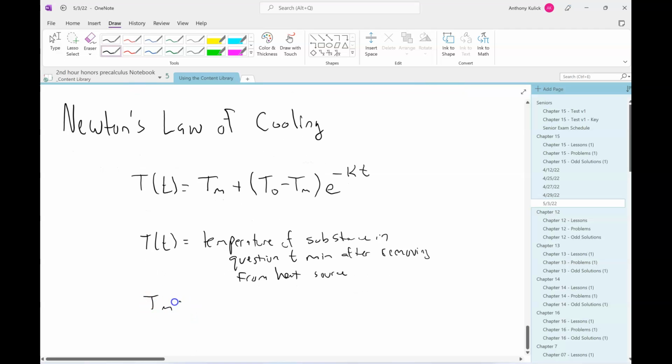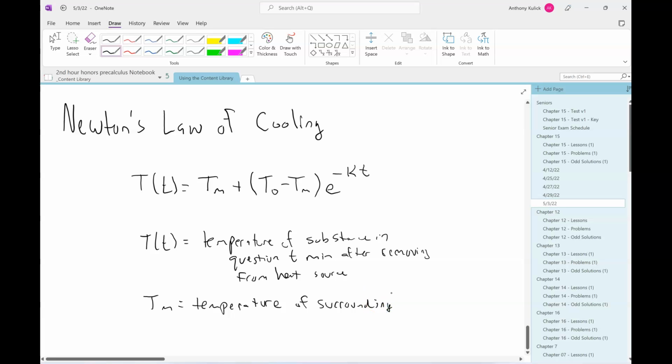Tm is the temperature of the surroundings. The m is for medium, but I find that word kind of confusing. If you're letting your pizza rolls cool, Tm would be the temperature of the room.